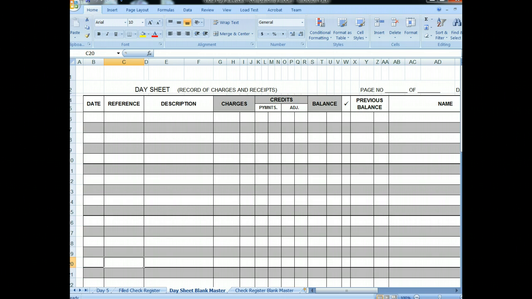Then get receipt number 142 and put it on the pegs on the left-hand side of your pegboard, and line up the receipt so the black portion of the back of the receipt, that is the carbon copy, which is how it's going to copy onto the ledger card and day sheet, is lined up to the first line of the ledger card, which is lined up on the first line of your day sheet.